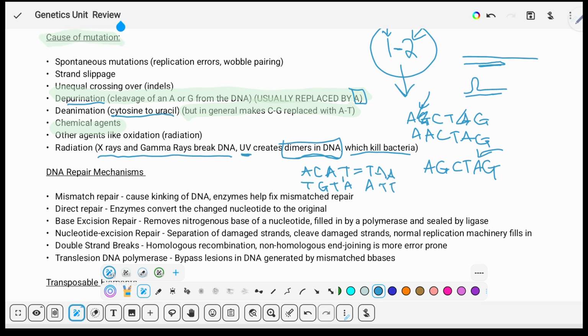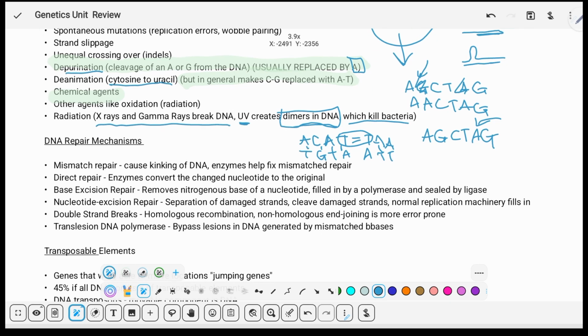So we would have pair, pair, pair, and then these would not have a pair, and these T's would pair together, and then these A's would kind of be left out, and then pair, pair. So that's what a dimer is, and with a dimer, bacteria cannot replicate their DNA, so they cannot reproduce, and so they essentially just die off. So that's what UV does.